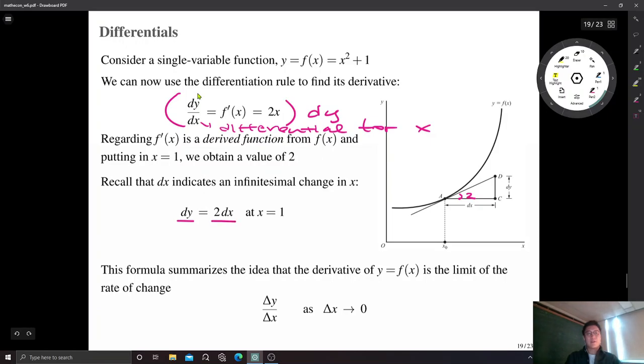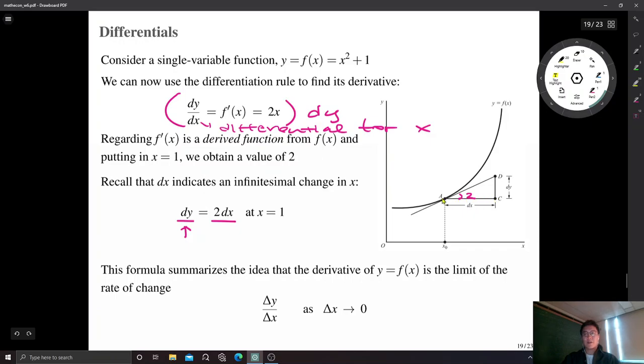Okay, so this is a total differential, a differential of y. Now that is given by 2, the value of the derivative at point 1, times the differential for x. Right? So now going back to this figure, if we interpret this equation, dy equals 2 times dx, but dx is the change in x, right?